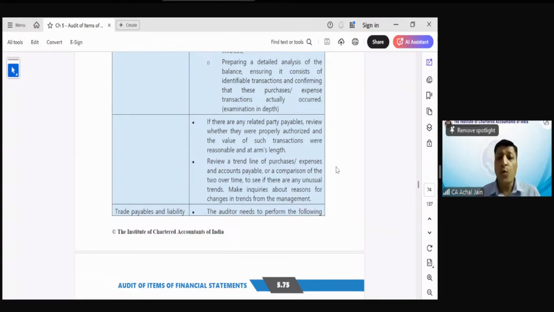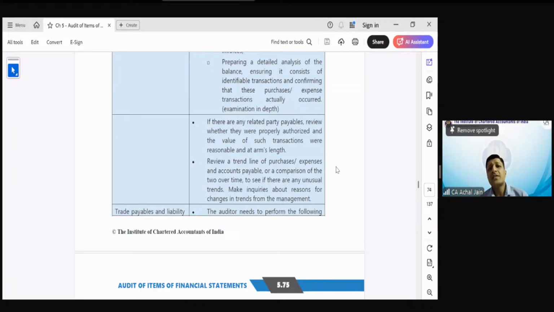Okay, now next, because we are talking about purchases in respect of trade payables, a significant number of transactions in the company could take place with the related parties.